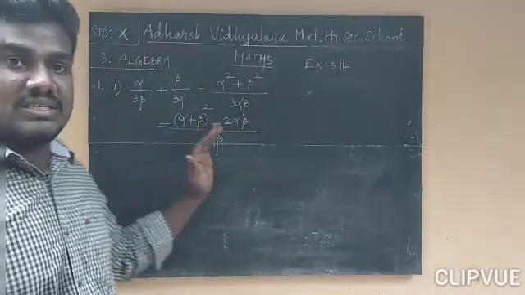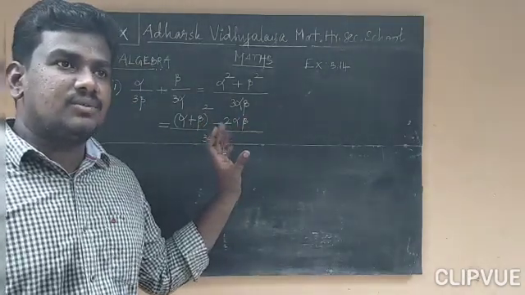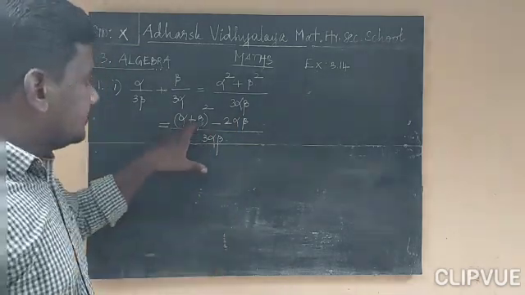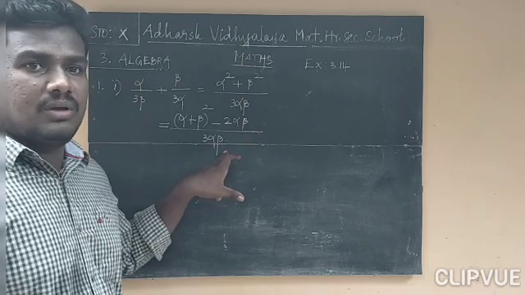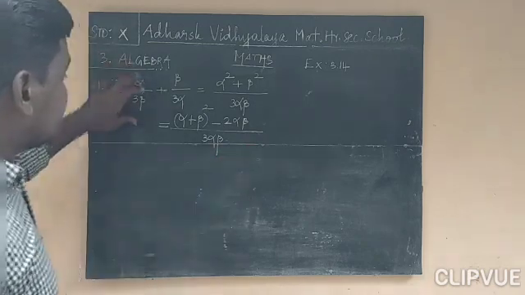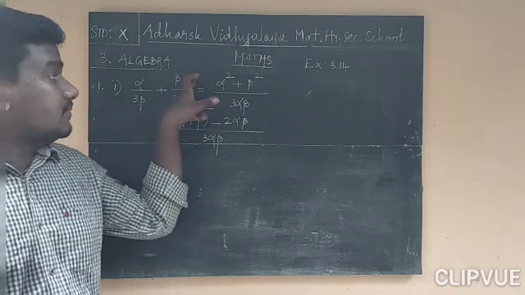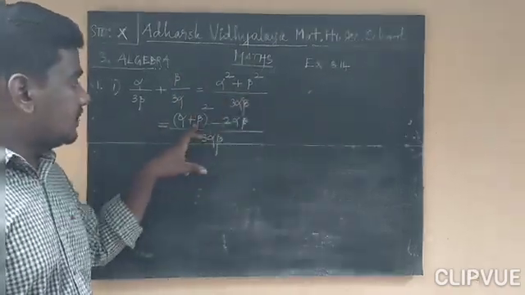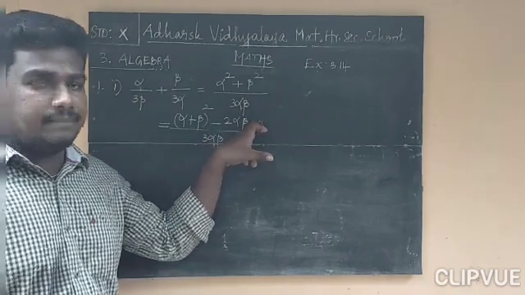Now we have an expression that contains the terms only alpha plus beta and alpha into beta. Actually, the previous expression contains alpha and beta separately, but we rewrote this expression into the form of alpha plus beta and alpha into beta.